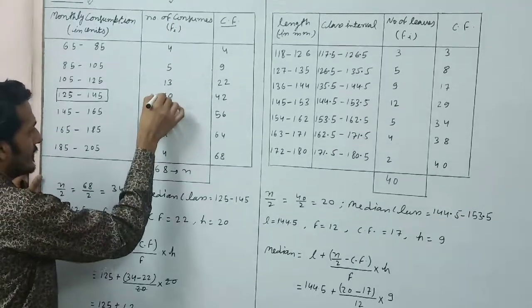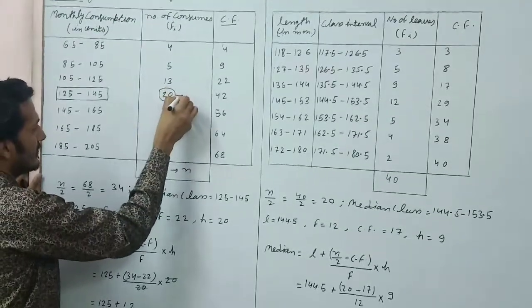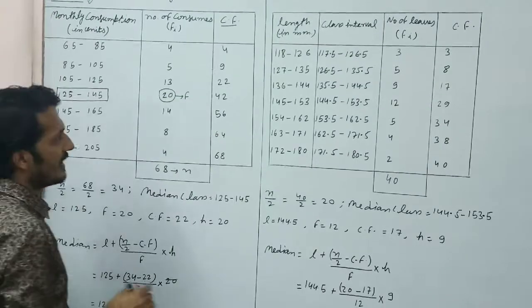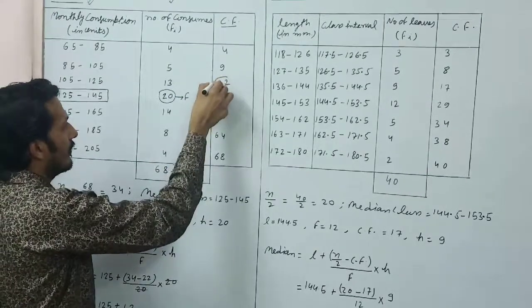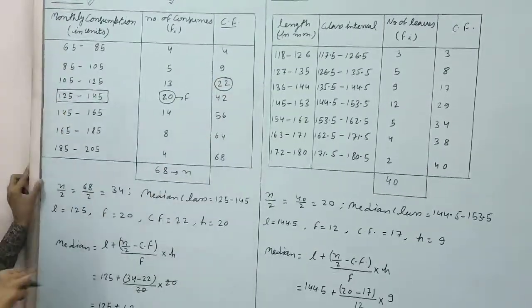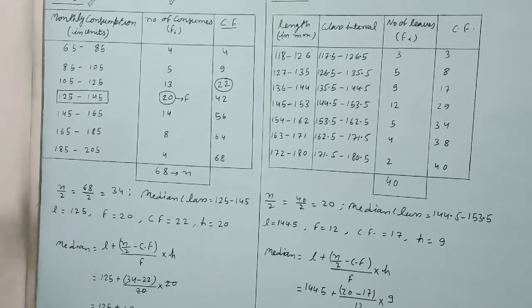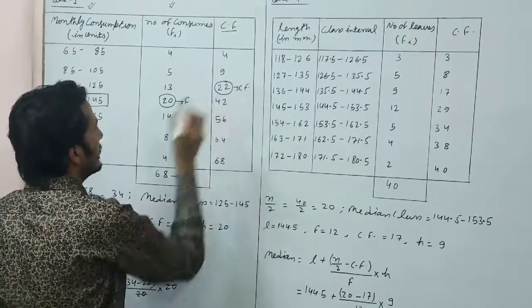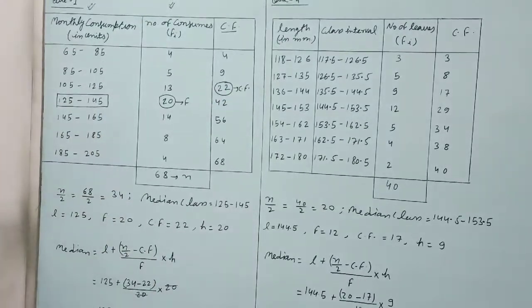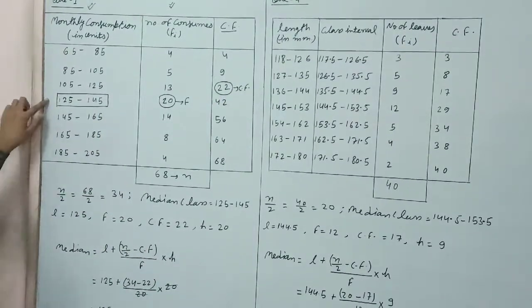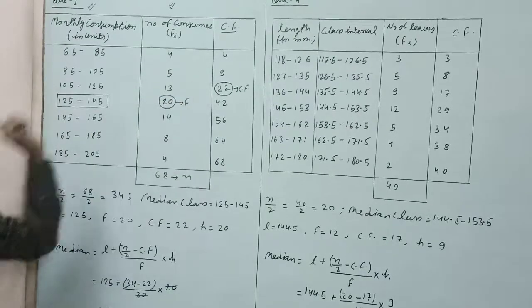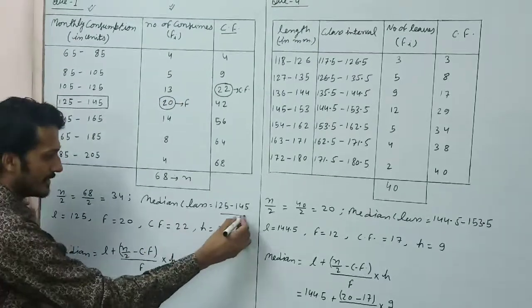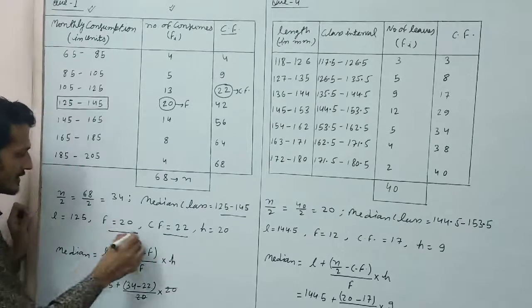The frequency of the median class is F, and the CF of the class interval just preceding the median class is said to be CF. So now we get the median class, F and CF.